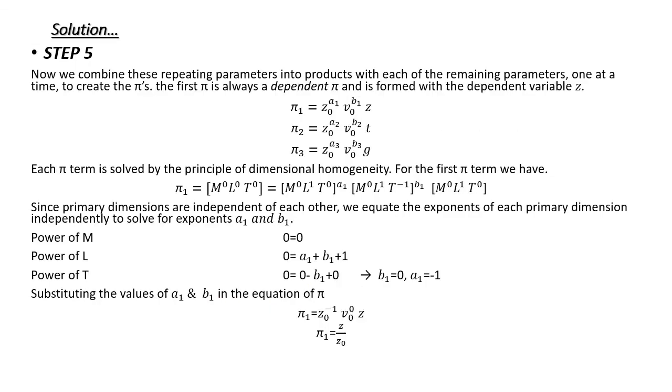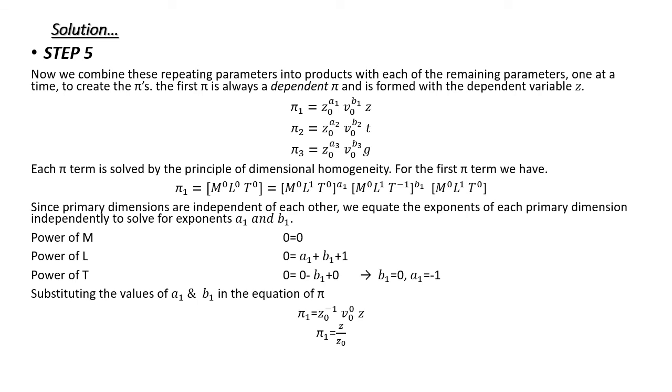Now we combine these repeating parameters into products with each of the remaining parameters one at a time to create pi terms. The first pi is always a dependent pi and is formed with the dependent variable z. Look here carefully. For pi 1, I have chosen z0 and v0 as repeating variables. So I write z0 to the power a1 and v0 to the power b1. When I choose z0 and v0 as repeating variables, there are 3 variables left.